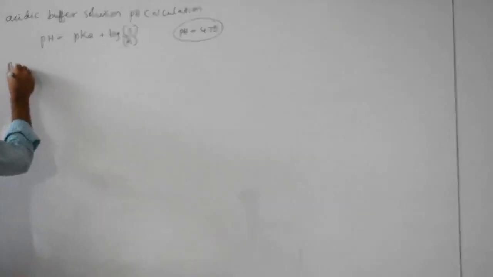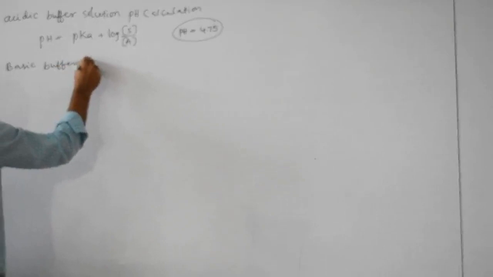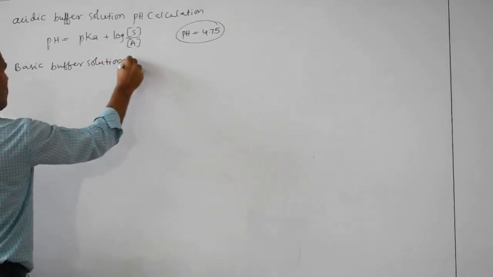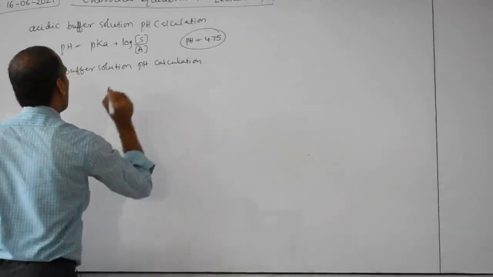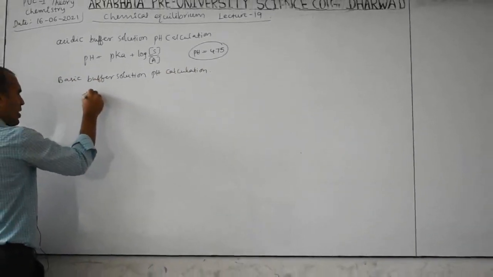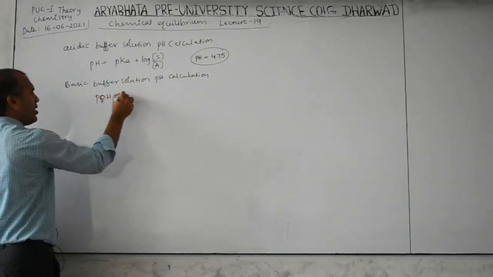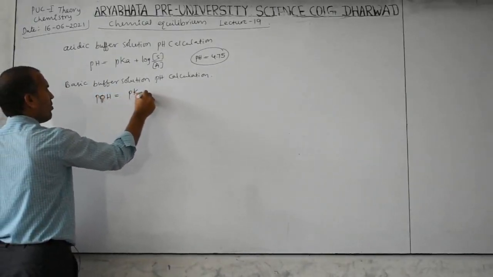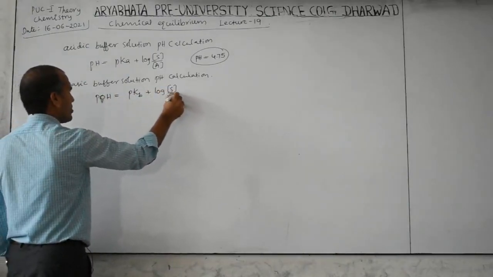Next, the basic buffer solution pH calculation. First we have to calculate pOH. pOH is equal to pKb plus log salt concentration by base concentration.